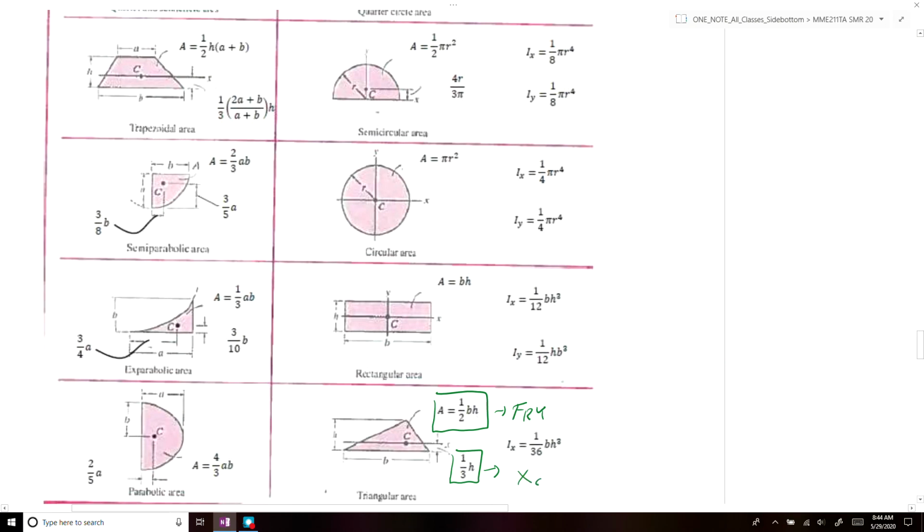So you could use this to get x of c for the triangle here. That concludes how you can determine the equivalent force for a distributed load, and where that distributed load would be found along your structure.